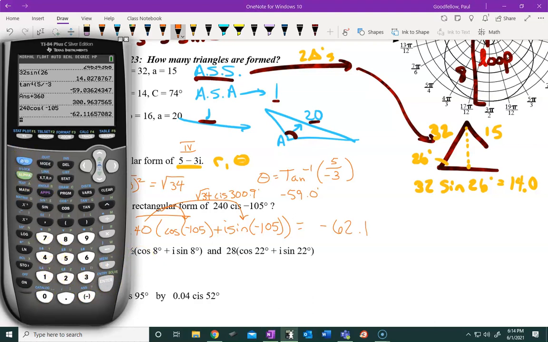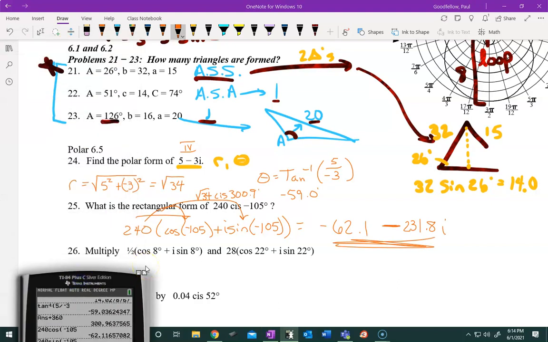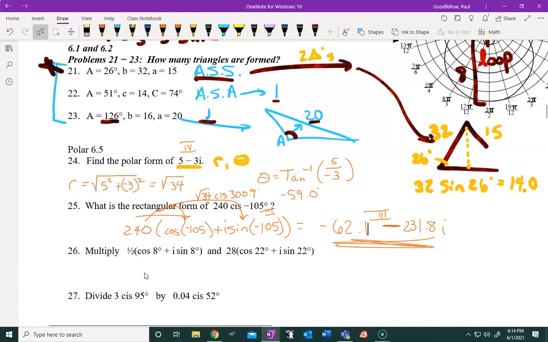And if I take that same entry and I tack a sine value in it, I would see that we're probably dealing with negative 231.8 i. And we could think of that as subtraction. Now, key thing here is negative 105 is in the third quadrant, and this is negative and negative. That's in the third quadrant too. Make sure that you coincide with the same given location.